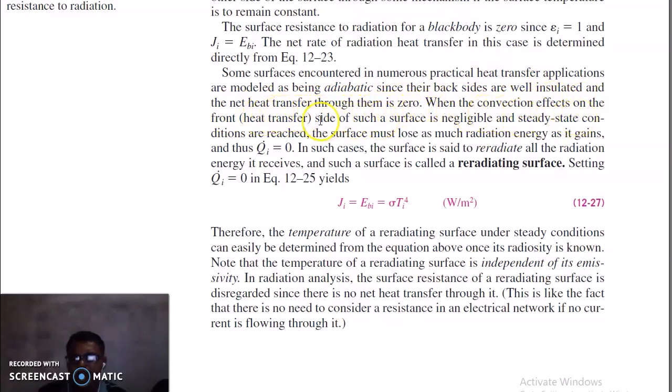When the convection effects on the front side of the surface are negligible and steady state conditions are reached, the surface must lose as much radiation energy as it gains. It means Q is equal to 0. In such a case, the surface is said to re-radiate all the radiation energy it received, and such a surface is called a radiating surface.